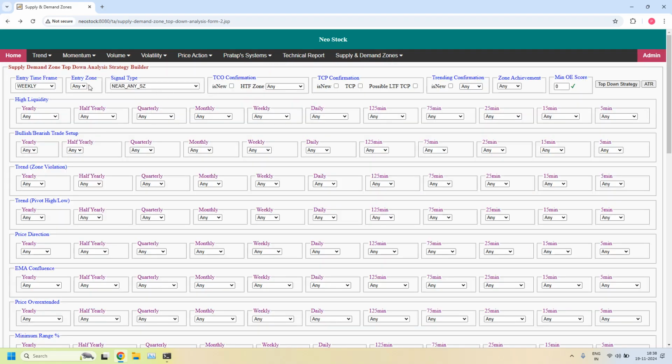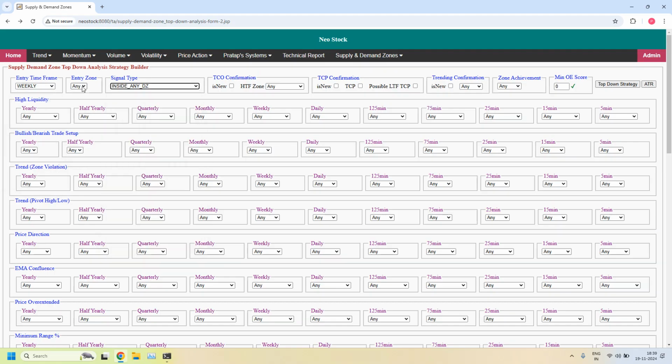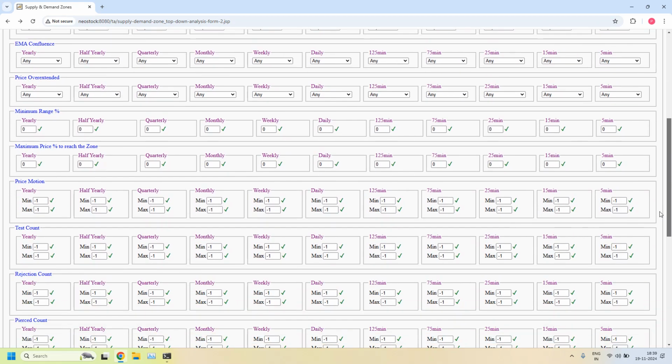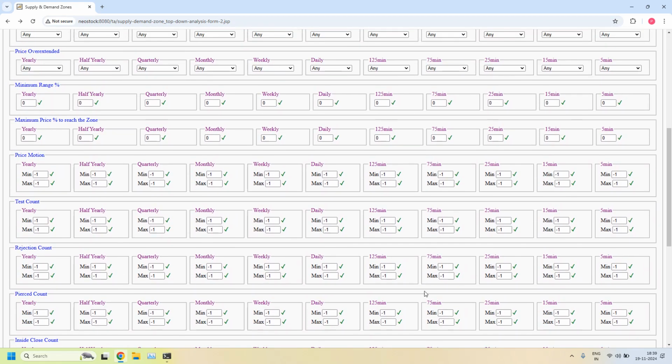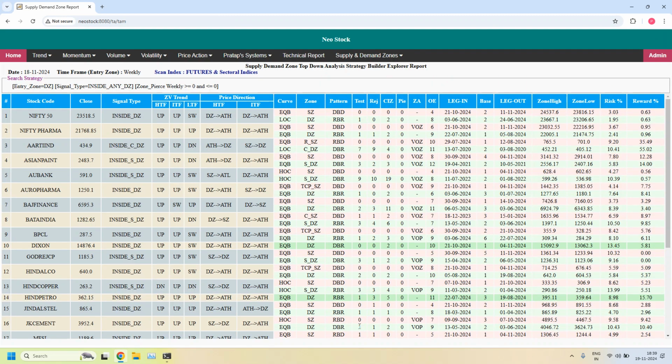Next, weekly time frame. Price closed inside weekly demand zone. These weekly demand zones should not be pierced. So in the pierced count, weekly time frame, minimum value 0, maximum value 0. Zone is not pierced. So this is the filter list.